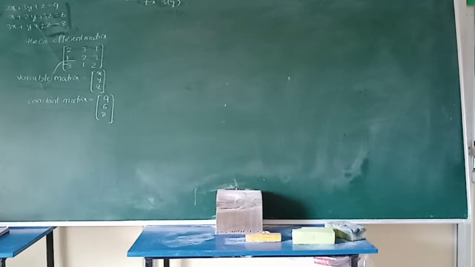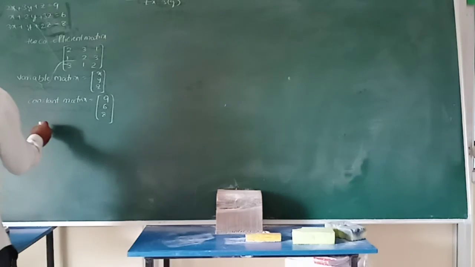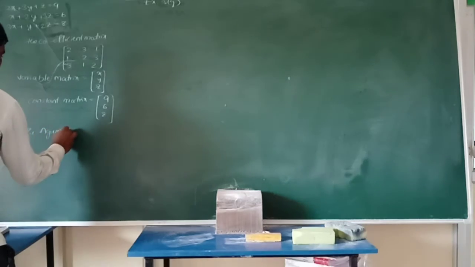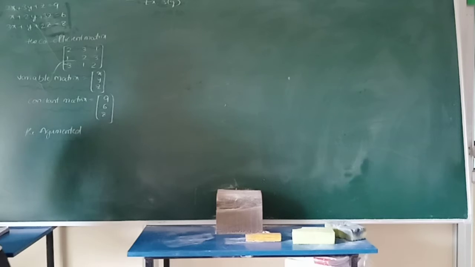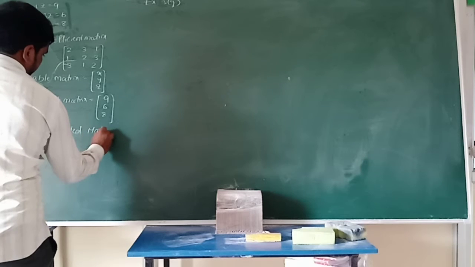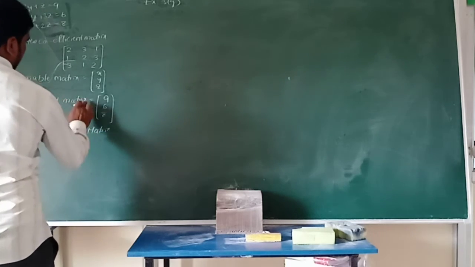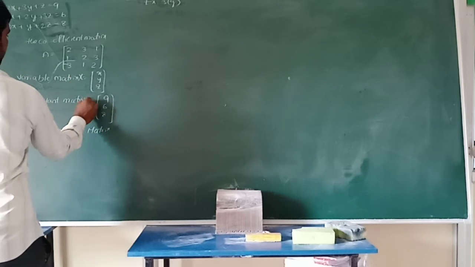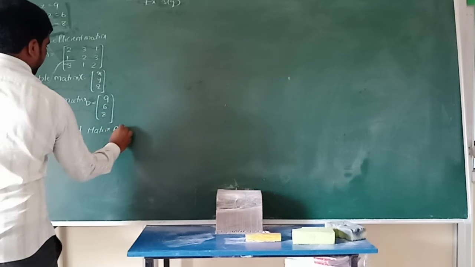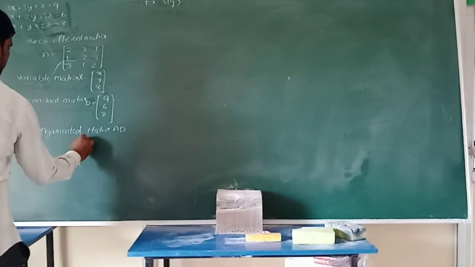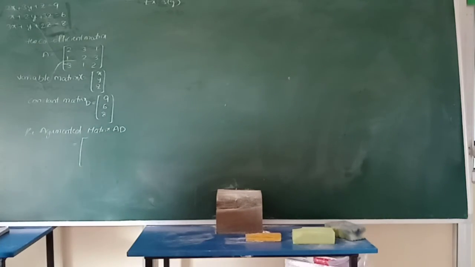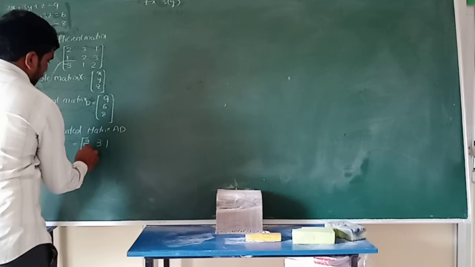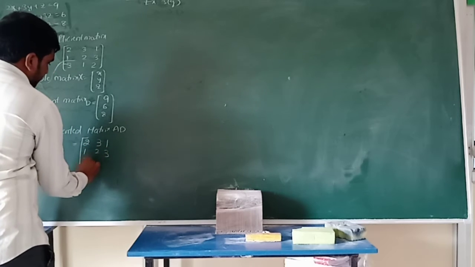Okay students, now the augmented matrix is AD. This is A, this is capital X and this is D. Now the augmented matrix AD is equal to 2, 3, 1, 1, 2, 3 and 3, 1, 2.